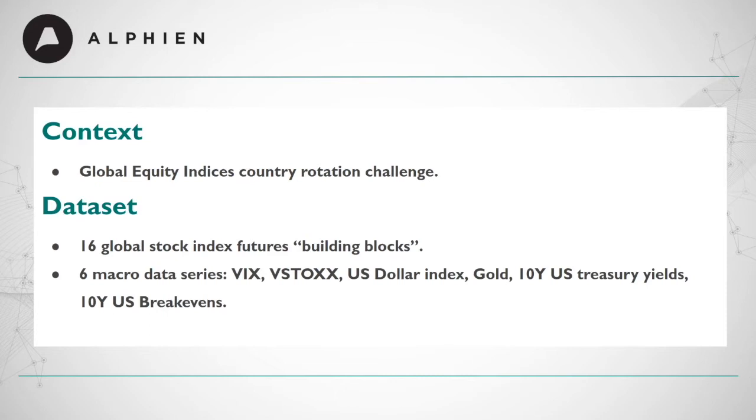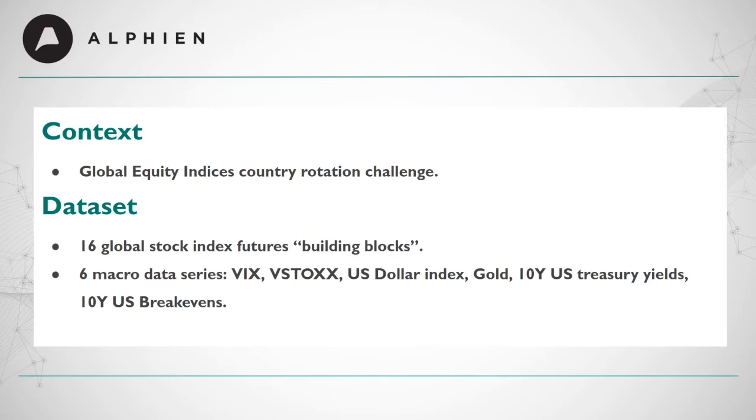So you have 16 of them that you can use directly in your portfolio, and then we've added 6 macro data series: VIX, VStocks, dollar index. Dollar index is the US dollar versus the major other currencies with a heavy skew in the G4X US countries, the gold spot prices, and then the 10-year US Treasury yields, and then the 10-year US break-evens to represent inflation.